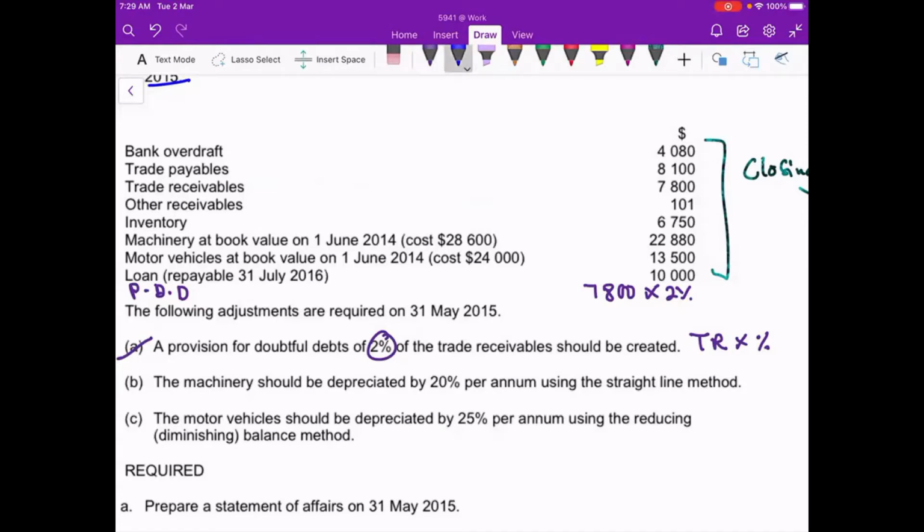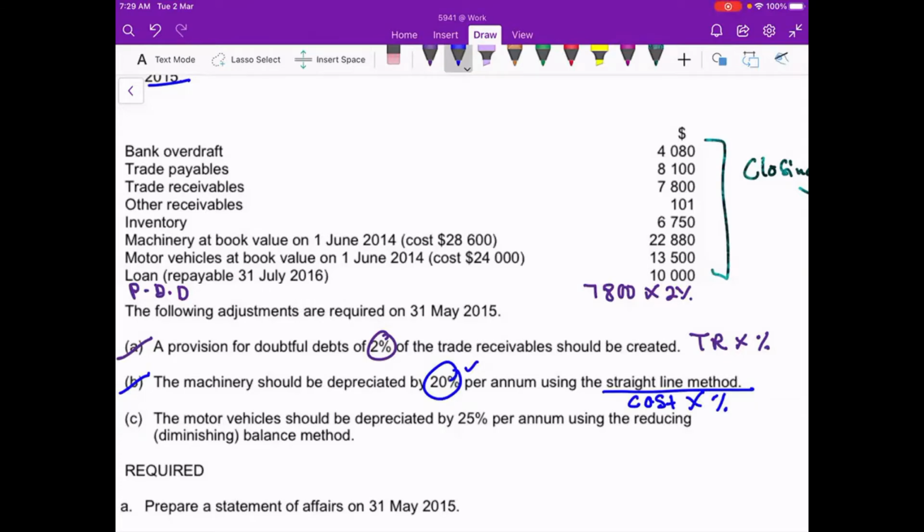Okay, now the second additional information is machinery should be depreciated 20% per annum using the straight line method. When the question says straight line method, what is the formula to calculate the depreciation? We take the cost times the percentage given to us, which is 20% in this case.